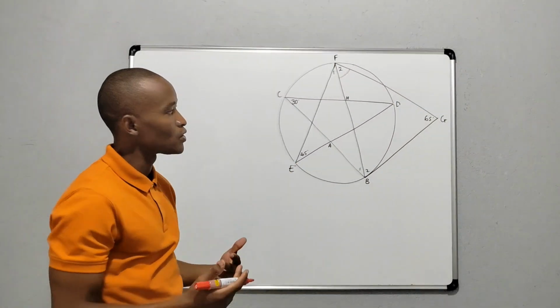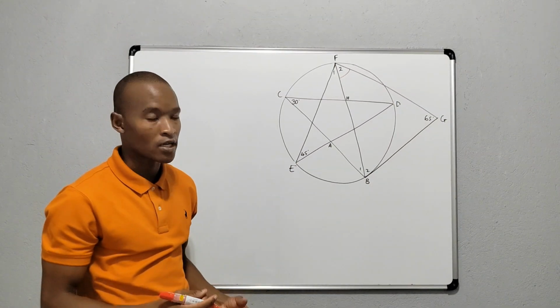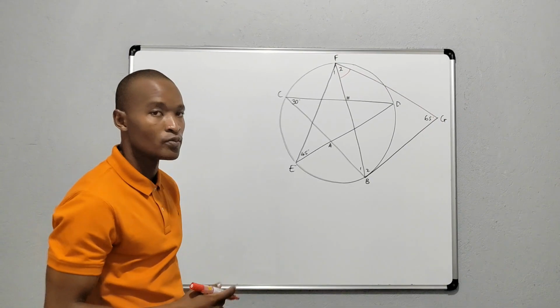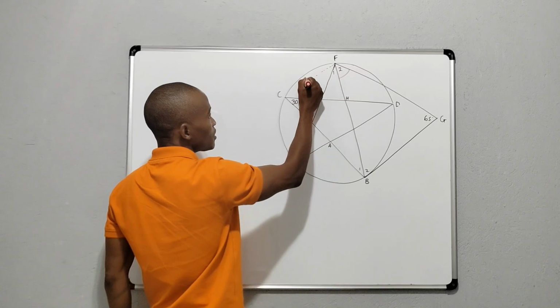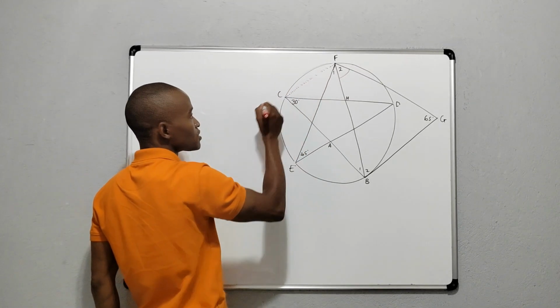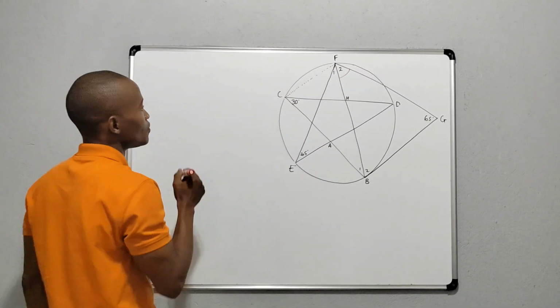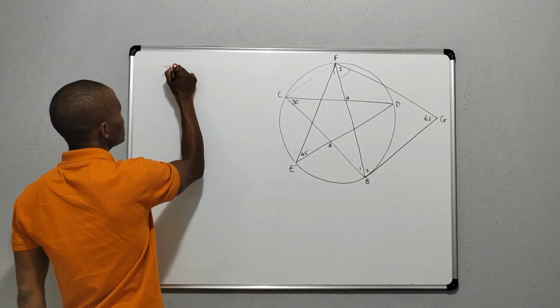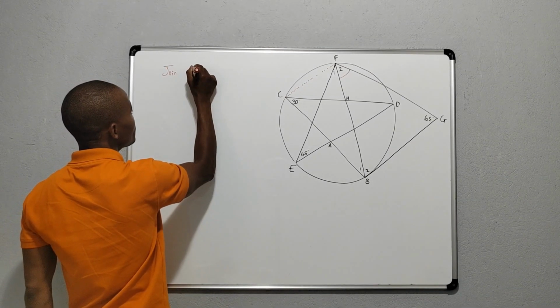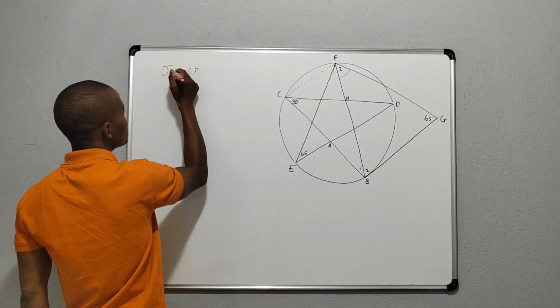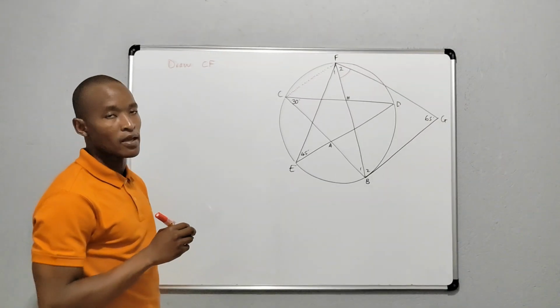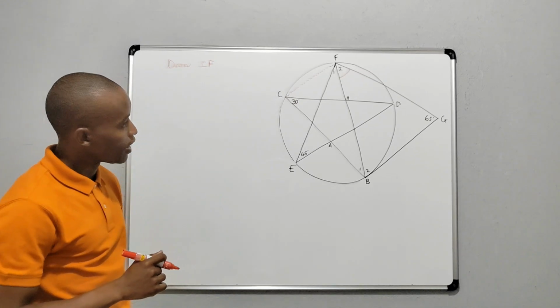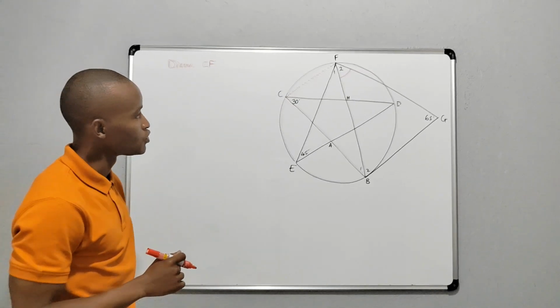Okay, so we need a construction in this problem to be able to get to the solution. So for this presentation, I will choose this construction here where we join CF, right? Or you draw CF, okay? That is a construction.